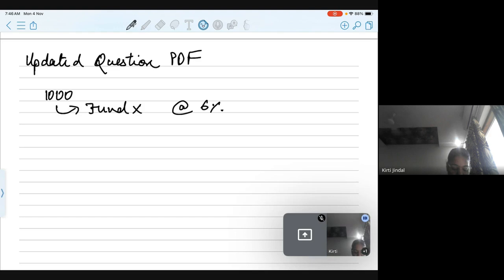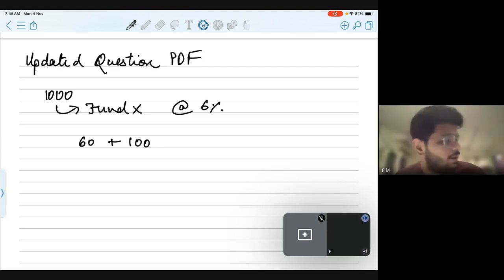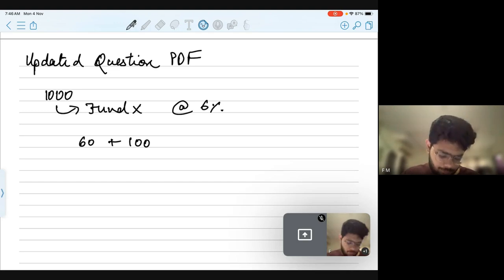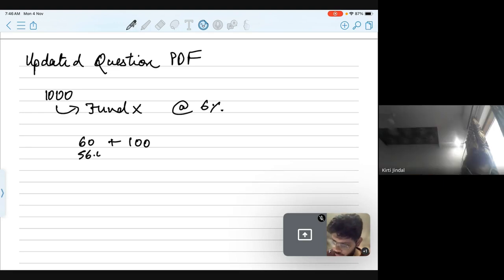On every 1,000 at the rate of 6%, the first year it's 60 plus 100 rupees withdrawn. Next it will be 940 at the rate 6% plus 100. What is that? It's 56.4 rupees.